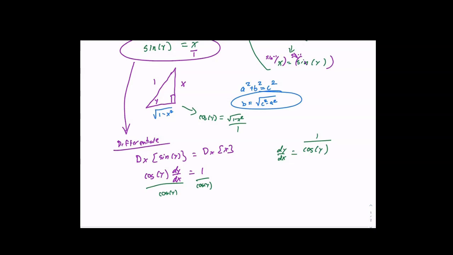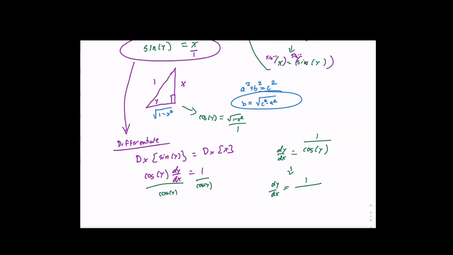So now the derivative is 1 over cosine. dy dx is 1 over cosine of y, and cosine of y is square root of 1 minus x squared.